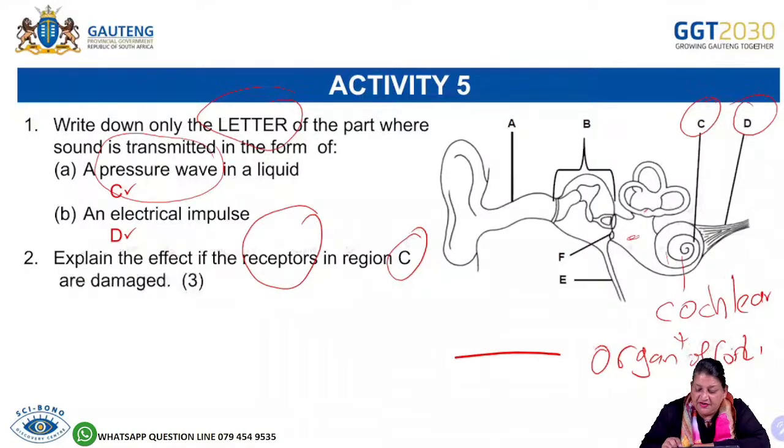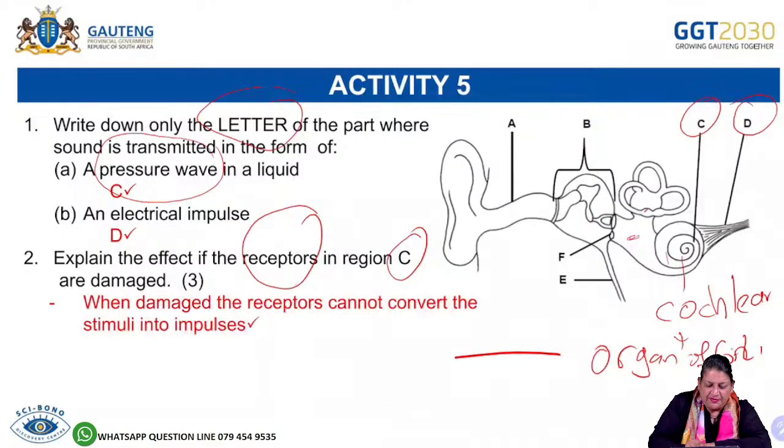What happens if the organ of Corti is damaged? Then you must ask yourself the question, what's the function of the organ of Corti? It converts the pressure waves to a nerve impulse. So if the organ of Corti is damaged, no pressure wave will be converted to a nerve impulse, no impulse will be sent to the cerebrum, and therefore sound will not be interpreted, leading to hearing loss.